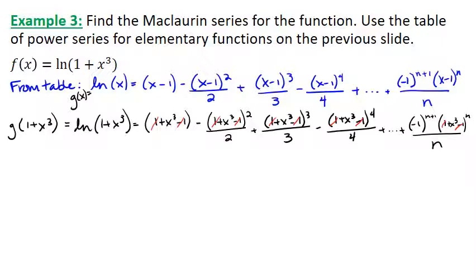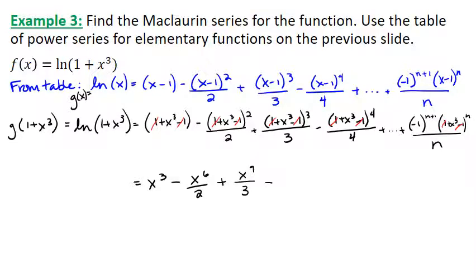So let's see what we get. This is equal to x cubed minus, this gives me x to the 6th over 2. Plus, this gives me x to the 9th over 3.